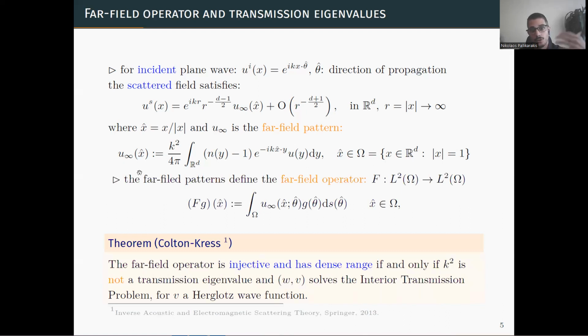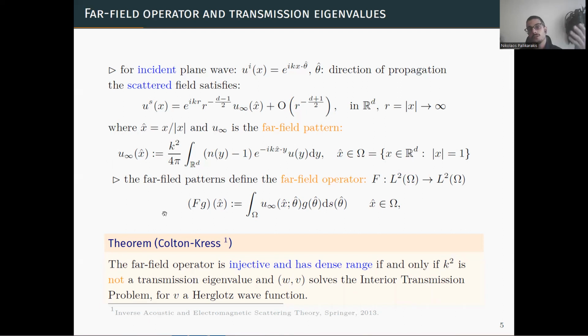So the superposition of these infinite far fields defines the so-called far field operator. This is an operator between L2 and L2, and is given by this integral here at the bottom.